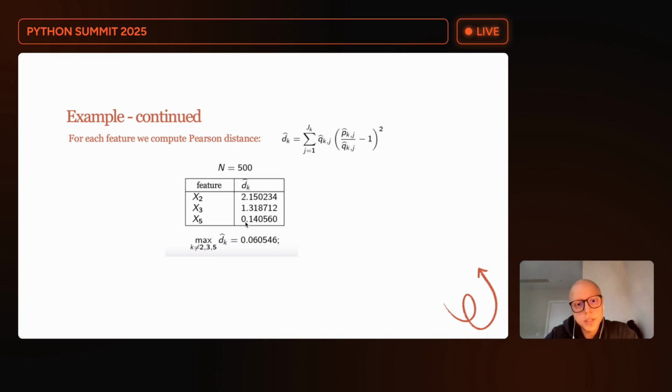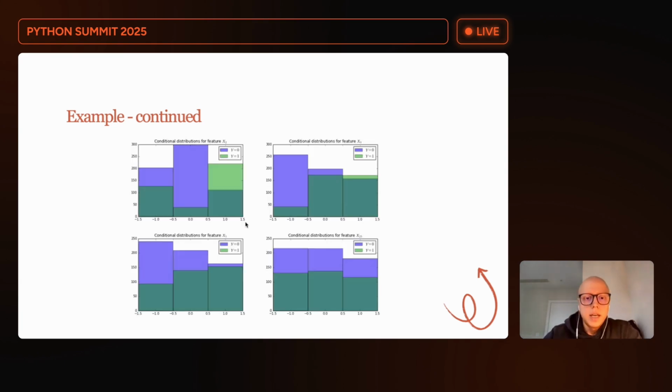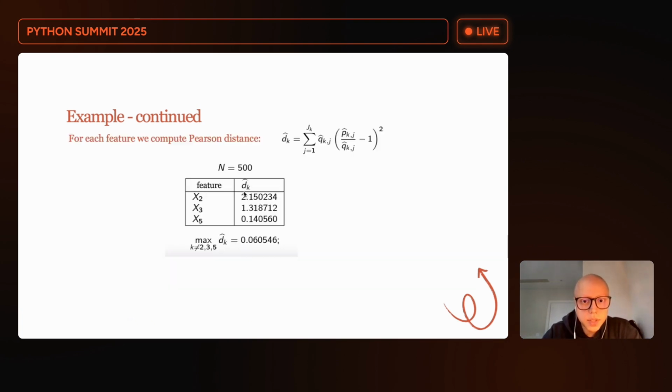This is just numbers, but what that actually means is this. The idea is that these numbers represent how different distributions for two subsamples are.